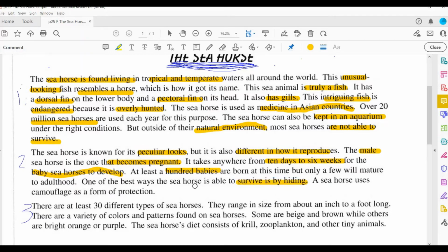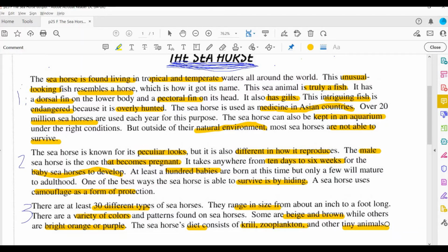Survive is by hiding, camouflage as protection. Okay. Third paragraph. 30 different types, range in size, variety of colors, beige and brown, bright orange or purple, diet, krill, zooplankton, tiny animals.